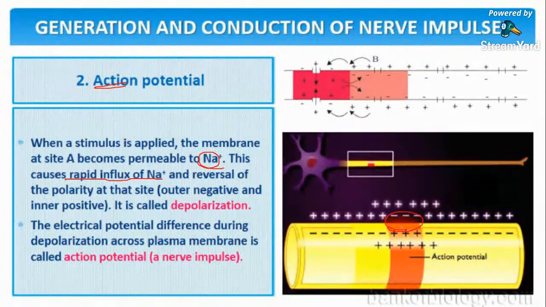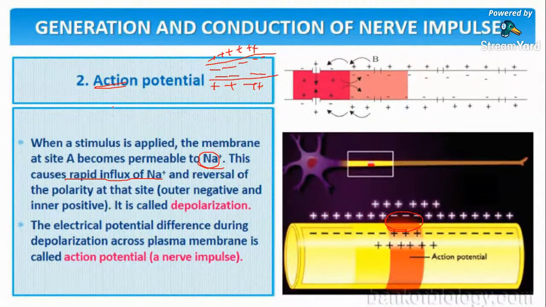So outside becomes positive, inner is negative. Please listen. During the resting membrane stage, the outer has more sodium, so the outer membrane is greatly positive. Due to less availability of sodium inside, the inner membrane is negative.